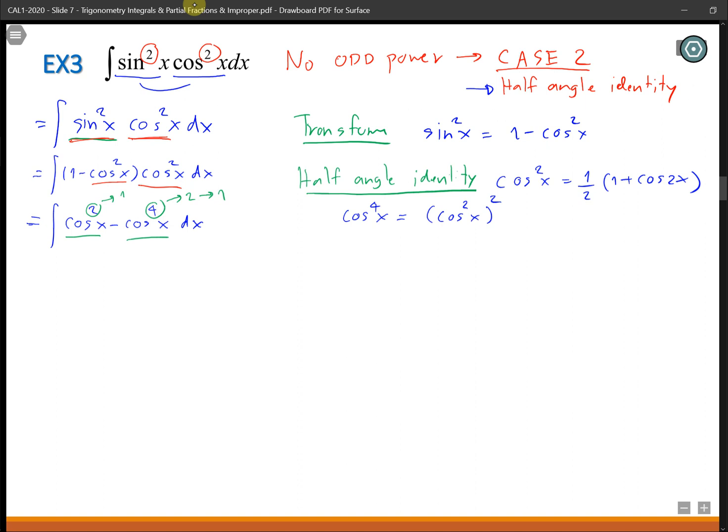With this we can replace the inside with this. Right, that is cosine of x squared. So that's going to be the square of 1 over 2 times 1 plus cosine of 2x. All of this has the power of 2 at the end.